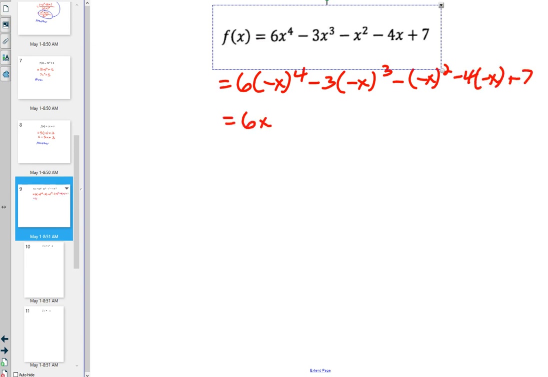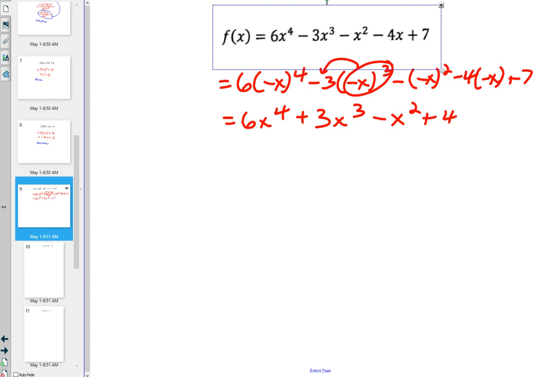So the first one, to the fourth, becomes positive. This second one originally becomes negative, but because of the negative in front, that becomes positive. So positive 3x to the third. The square becomes positive, but it has a negative in front, so that becomes negative.